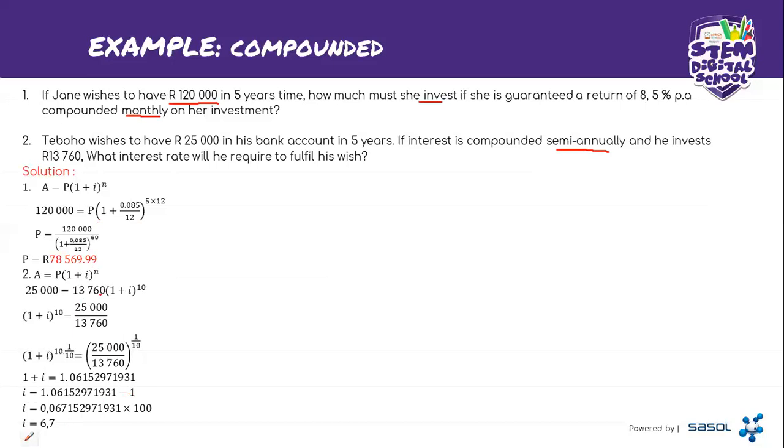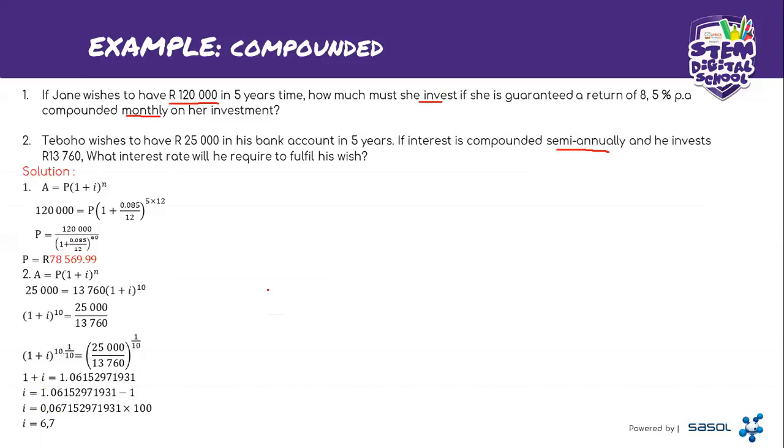This is how we substituted, and then from there we try to make I the subject. Let's see. All right, I think everything is correct on this one.